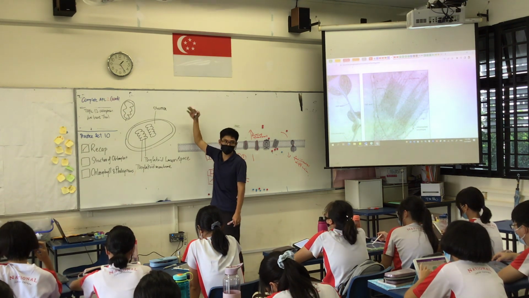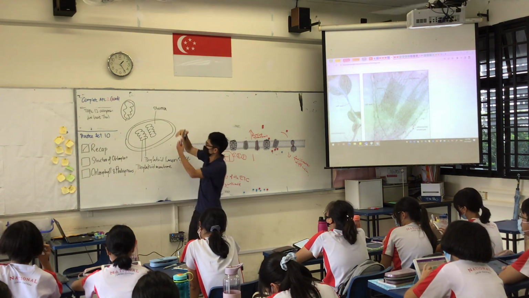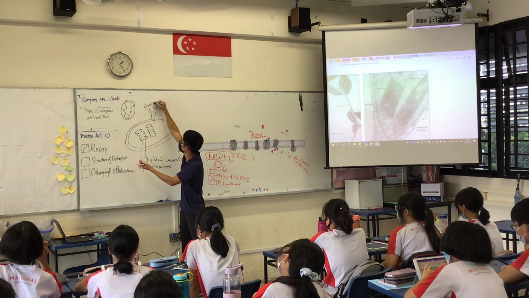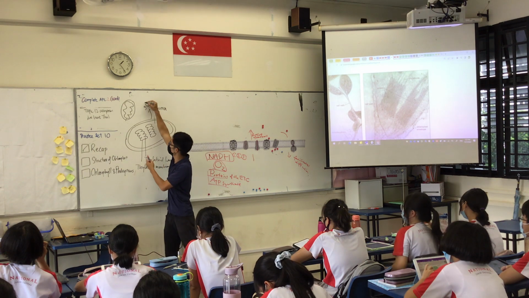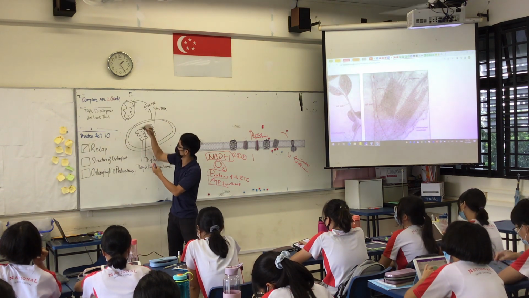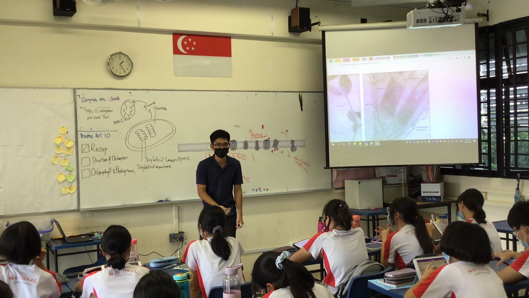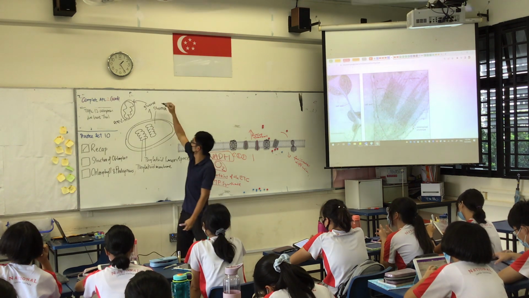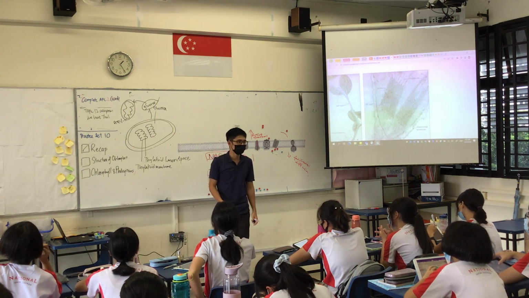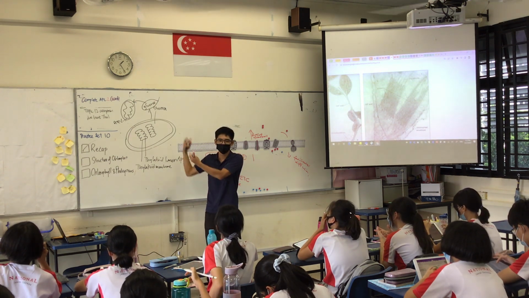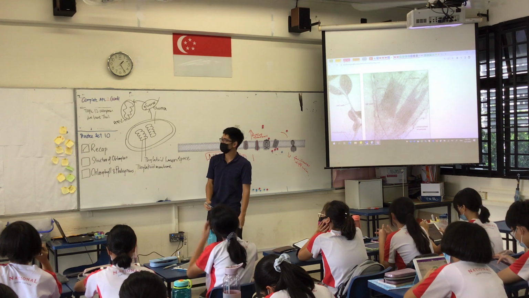Remember the two equations I've written, right? If the chloroplast role is to produce glucose, then the mitochondria will make use of the glucose so that it can produce ATP. Plants also need energy. The only difference is that this glucose is produced by itself, whereas we have to eat the plants to get the glucose. Okay?